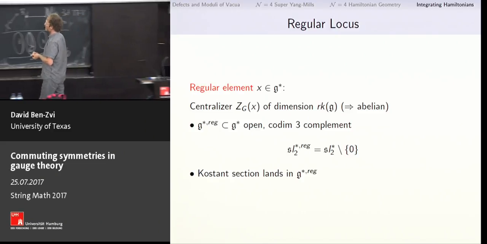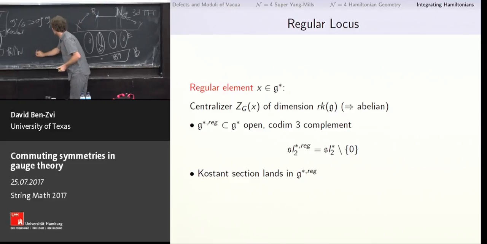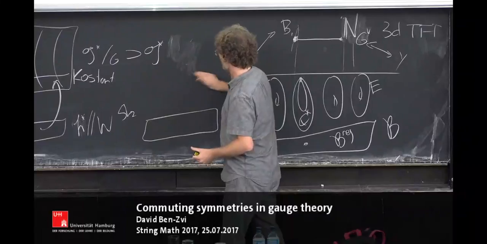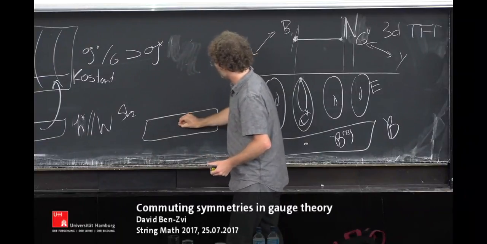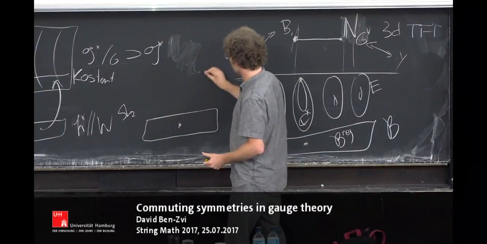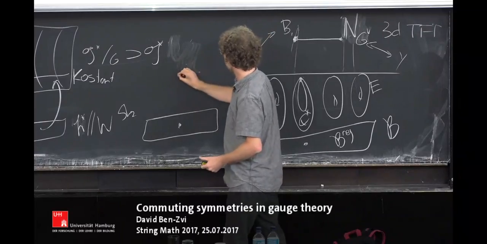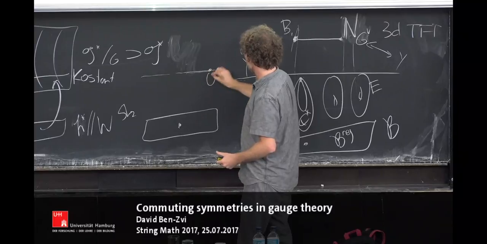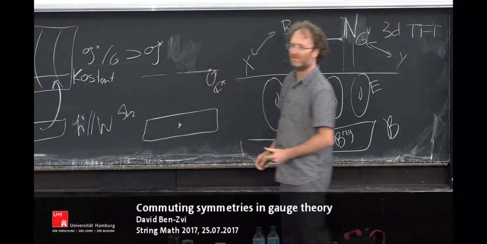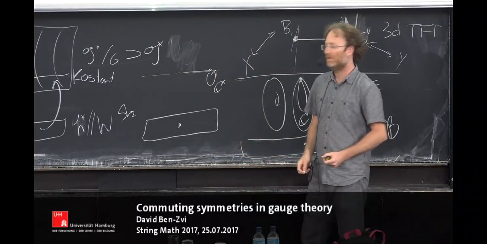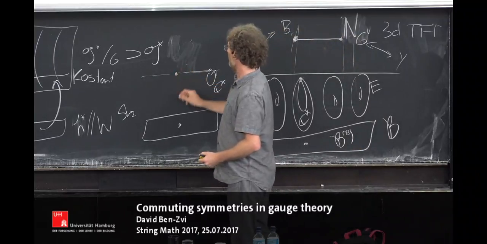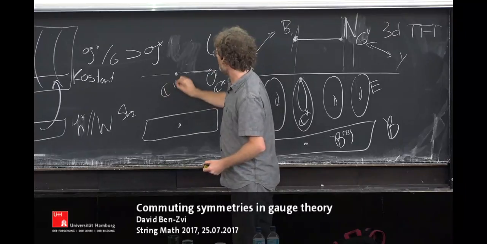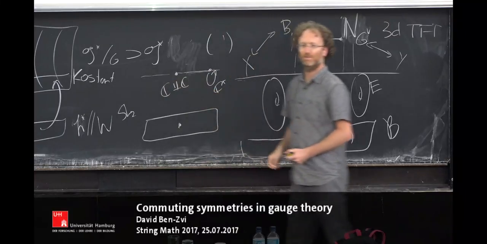So for SL2, maybe I should draw this. If you have the regular locus, how do I draw this? You have a kind of point with a stabilizer. The stabilizer of a generic element in SL2 is C star. The stabilizer of a regular nilpotent matrix is 2 copies of C, or C cross Z mod 2.